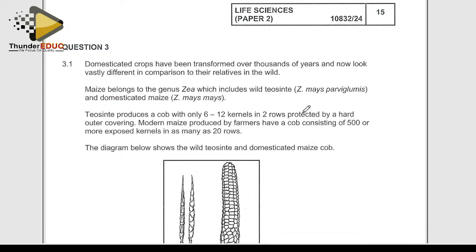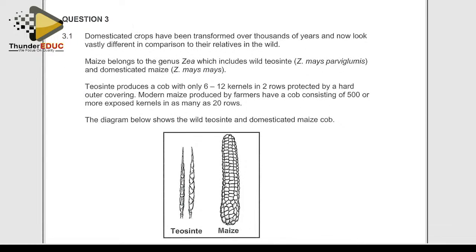Maize. Domesticated crops have been transformed over thousands of years and now look vastly different in comparison to their relatives in the wild.